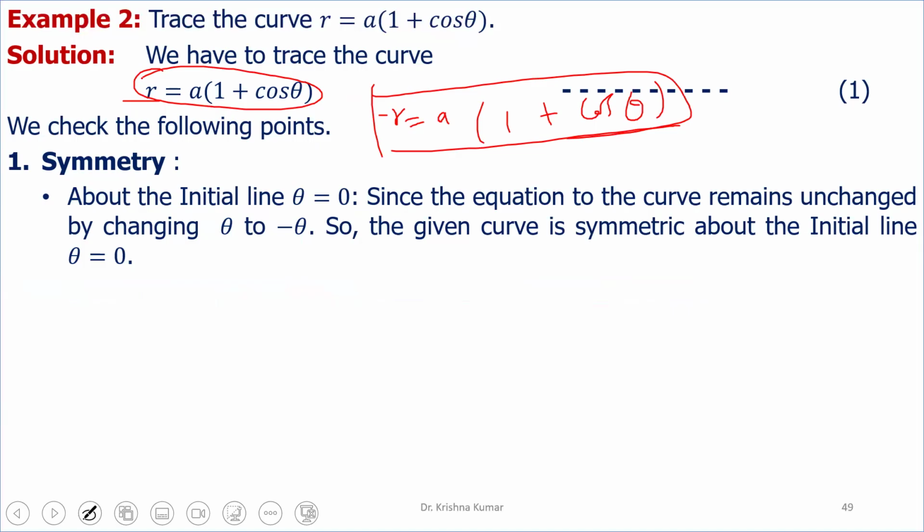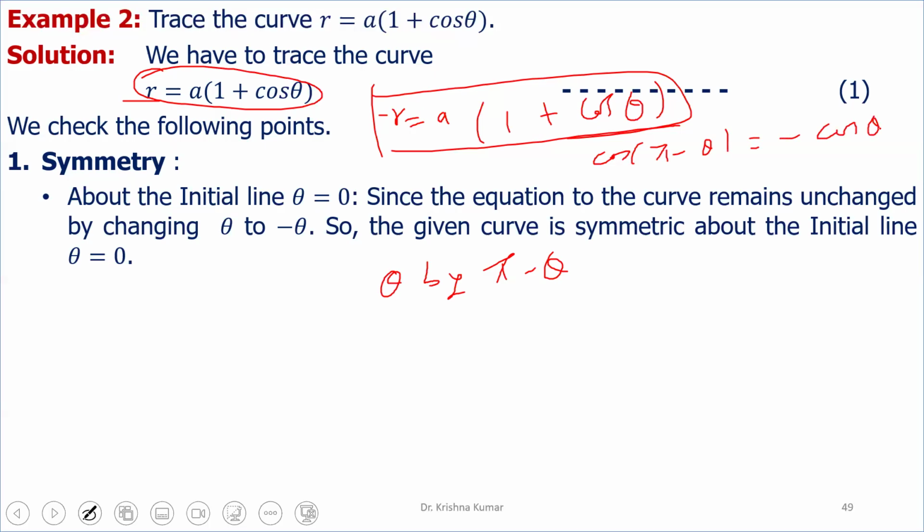Also, we have already seen that there are two methods to check the symmetry about the line theta equals pi by 2. If we replace theta by pi minus theta, we know that cos of (pi minus theta) is equal to minus cos theta.